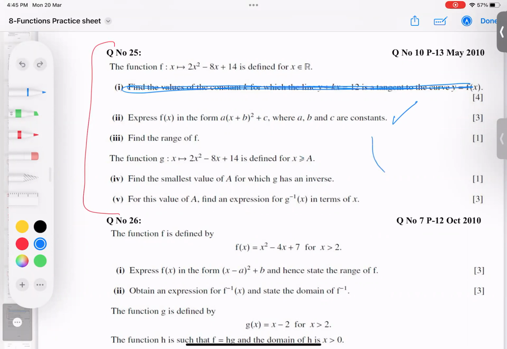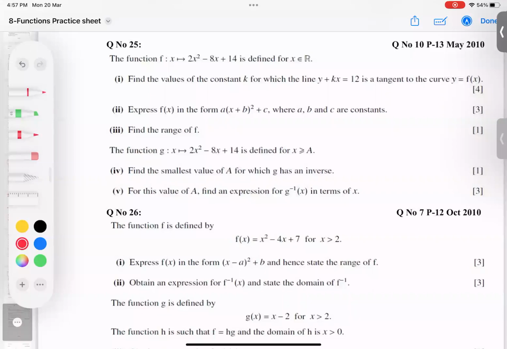Most probably when a curve is turning, the turning point x coordinate is actually our A. But first you try and find out the smallest value. Then I will explain again what is called the smallest value for which the inverse exists. So please go ahead, try part number 2, part number 3, and part number 4. These three parts you try yourself. Then I will do this question. First you check your knowledge, how much you gained. Then I will do it, inshallah, and I believe you will understand your mistakes.